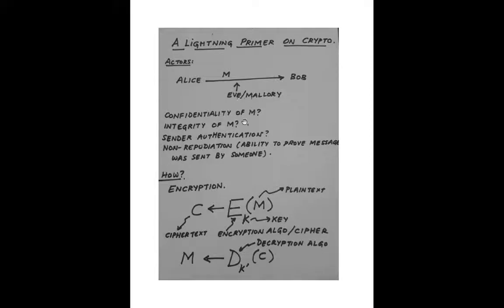Eve or Mallory could try to compromise the integrity of M, which is that they could inject packets or modify the message as Alice is transmitting it to Bob. Eve or Mallory could send a message to Bob pretending to be Alice and claiming to be Alice, but Bob will need to have some mechanism to determine who the message is coming from. Okay, and that is the topic of sender authentication.